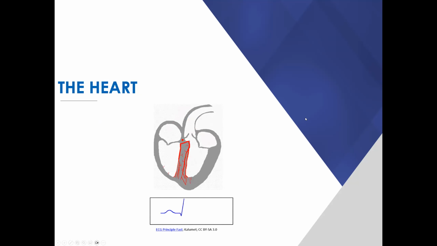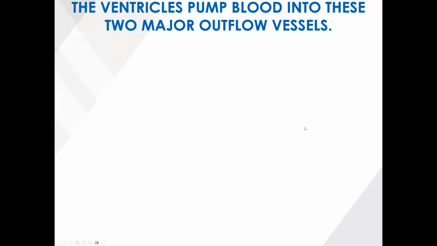So, first things first, the first section we covered in AP2 was the heart. The ventricles pump blood into these two major outflow vessels. So we have the right ventricle and the left ventricle. Where do they pump blood to?